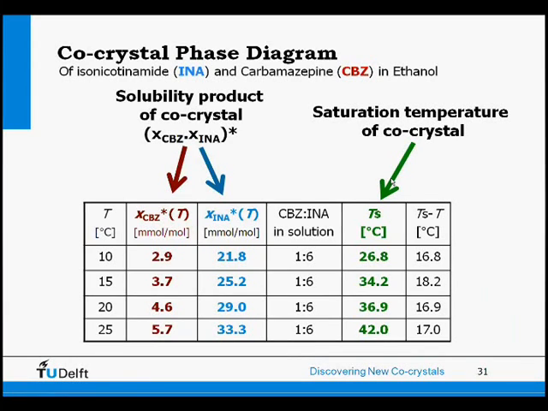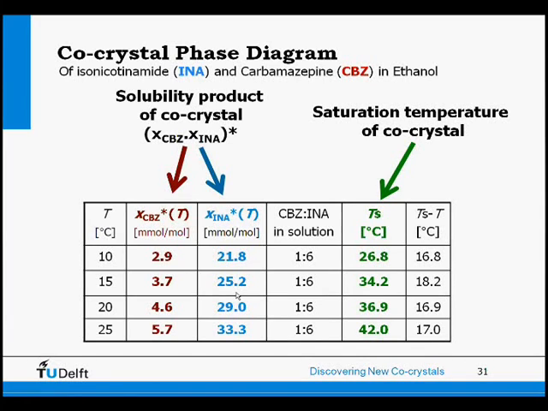So now we want to derive a phase diagram for the co-crystal system carbamazepine and isonicotinamide. So then we assume that the solubility of the co-crystal is determined by the solubility product. And we have measured our saturation temperature of the co-crystal of carbamazepine with isonicotinamide, and we know the concentrations we used.